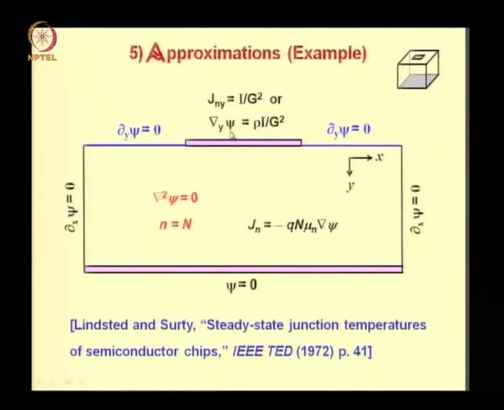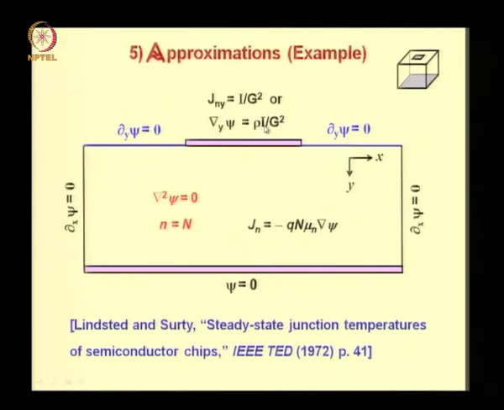So the boundary condition has been modified to dou psi by dou y remains constant at rho, where rho is the resistivity of this material here. So this rho is nothing but 1 by q times capital N into mu n.